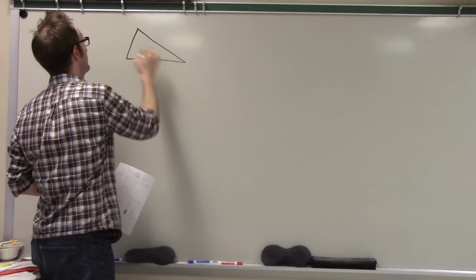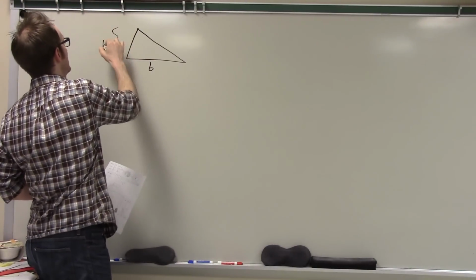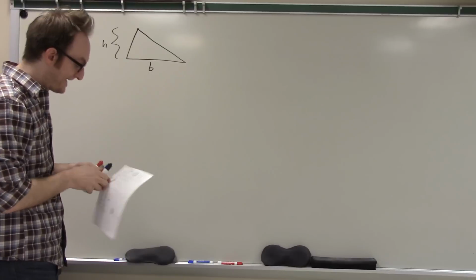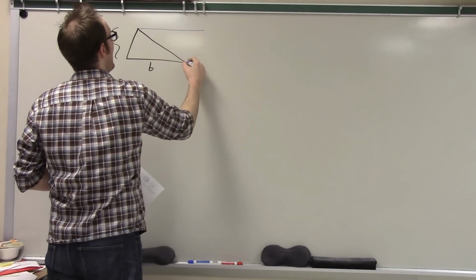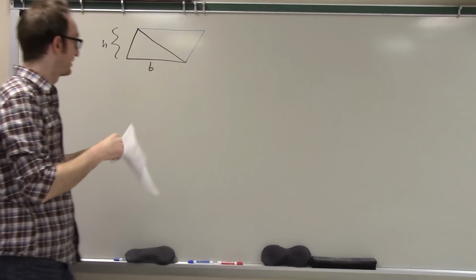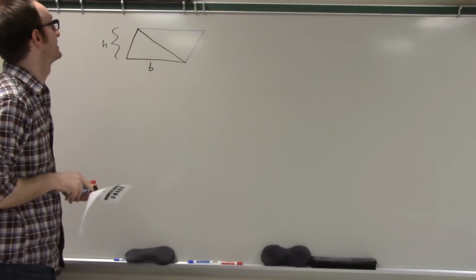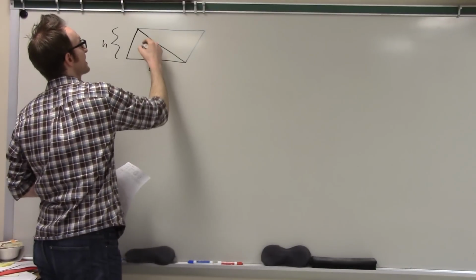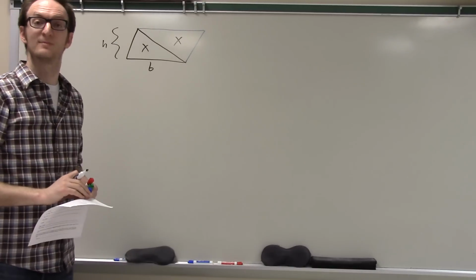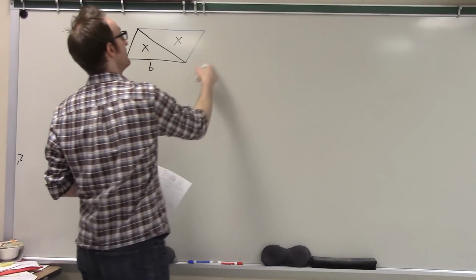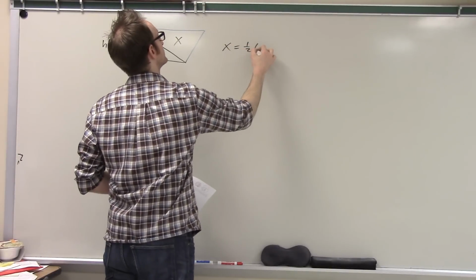If this is B and this is H, well, any triangle that I want can be extended via a copy into a parallelogram. And since these two triangles have the same area, and the area of the parallelogram is B times H, then the area of the triangle must be 1/2 BH.